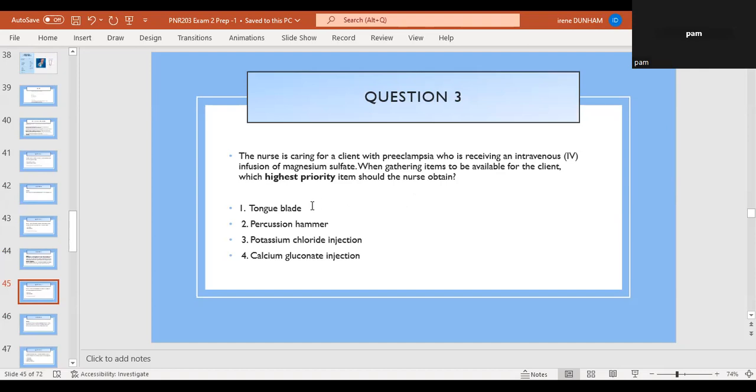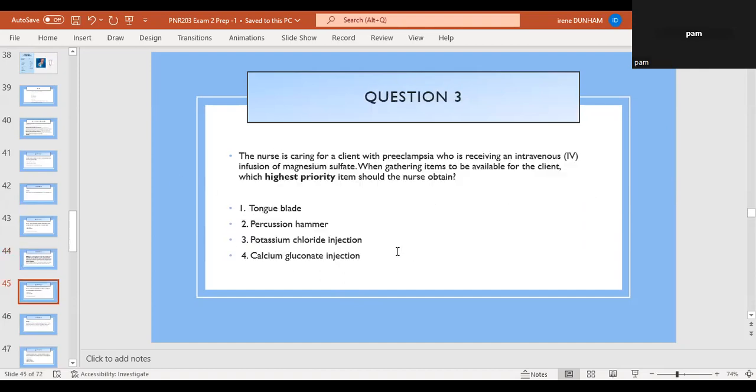A tongue blade is not my highest priority. A percussion hammer is not my highest. These are things I probably want at the bedside, but they're not the highest priority. Potassium chloride injection, no, we don't want that. The calcium gluconate injection is what I want at the bedside. That's my highest priority, because it's the antidote for an overdose of magnesium sulfate.